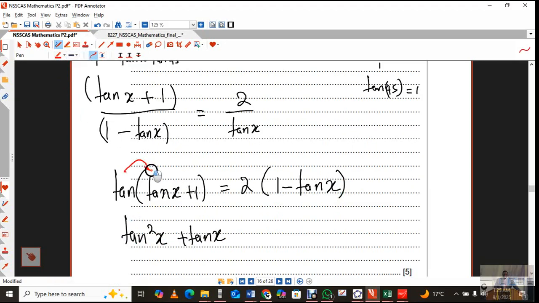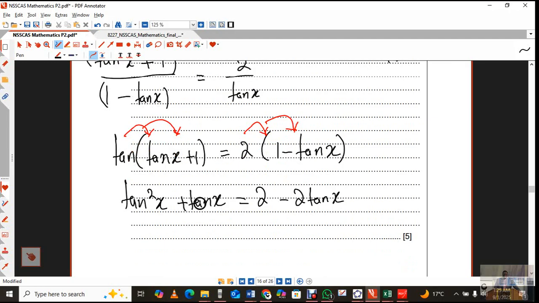I'm also going to distribute here, right? This is equal to 2 minus 2 tan x, and this is a quadratic equation, so I have got tan squared x plus tan x plus 2 tan x minus 2 is equal to 0.